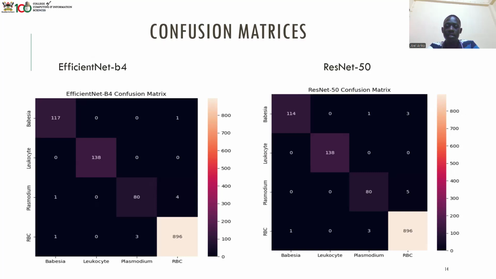The leukocyte was predicted 100% well. Then for plasmodium, 5 of them were incorrectly predicted, misplaced as red blood cells. Then when we checked the red blood cells, 4 of them were incorrectly predicted, because it classified 1 as Babesia, then 3 as plasmodium.